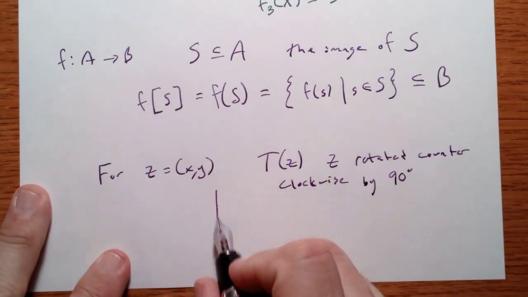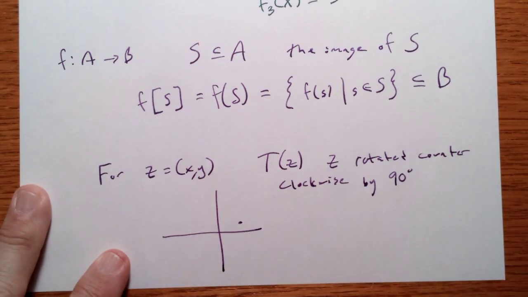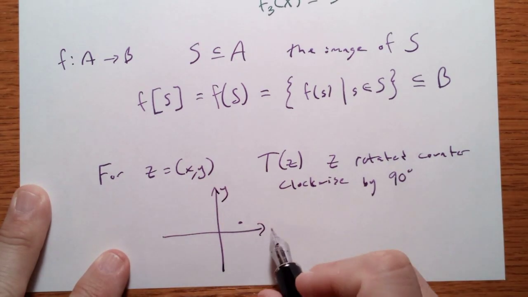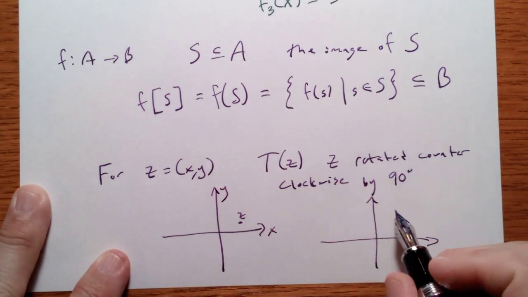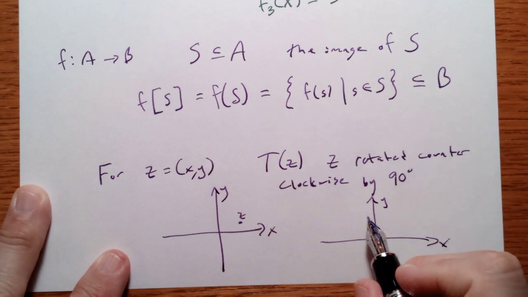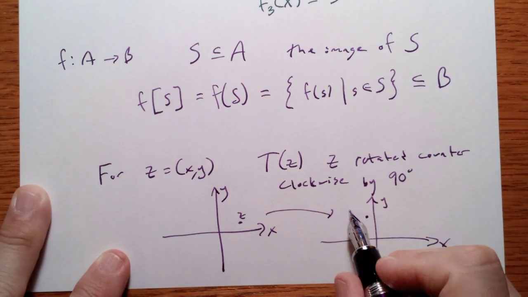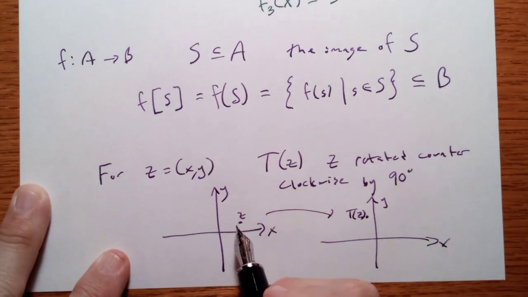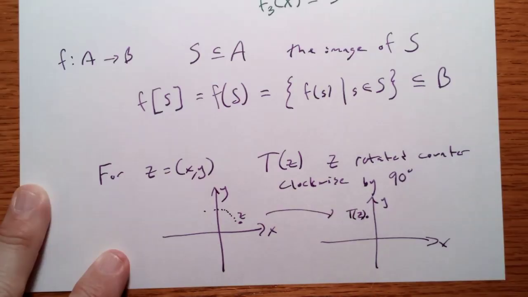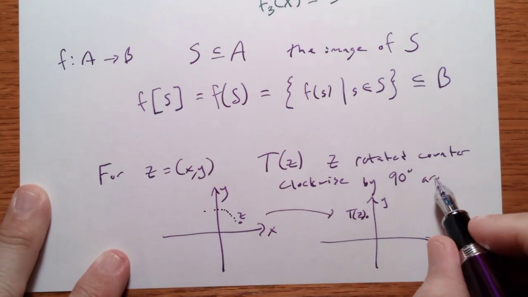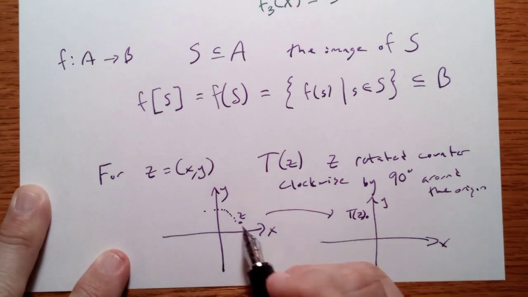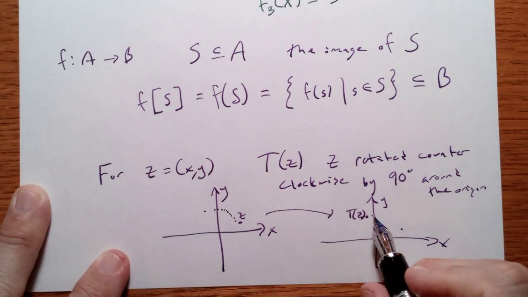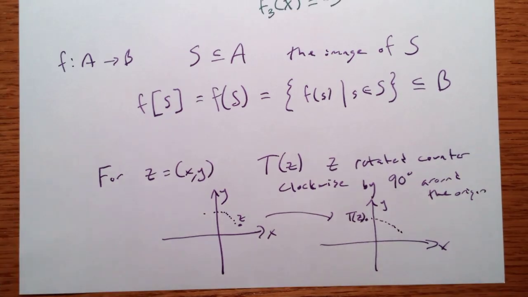So if I have a point anywhere in the plane, this is my point z. Over here, I have T of z. And all I did was rotate 90 degrees around the origin. My original point was over here, and I rotated until I got there.